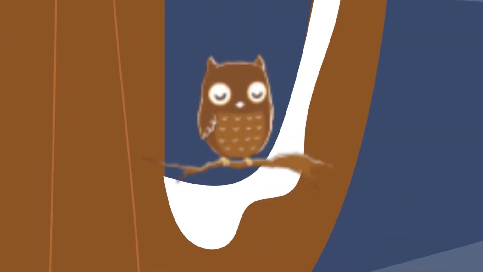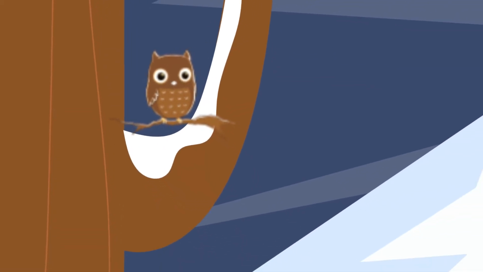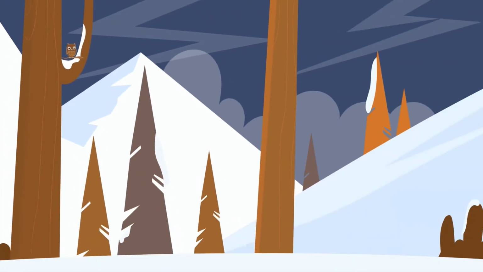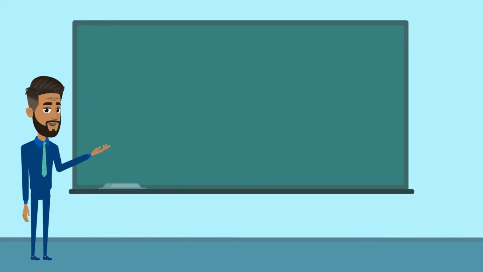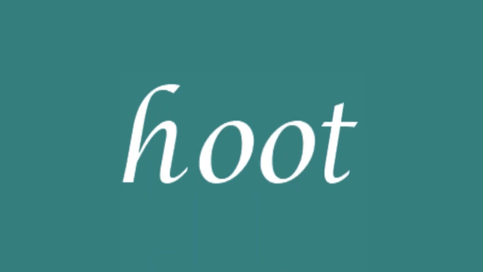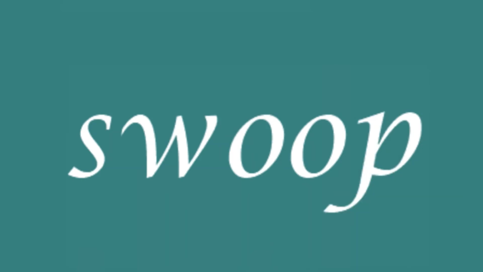Now over to an owl, which can often hoot and swoop to catch their prey. What could we hear this time? There was hoot and swoop. So, starting with hoot.